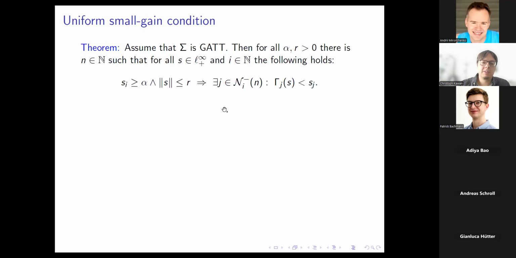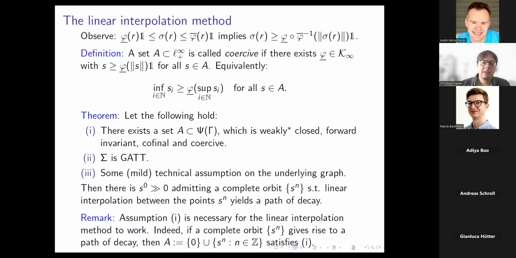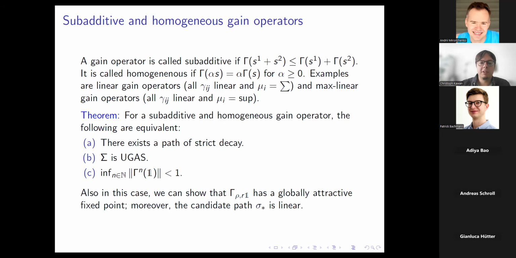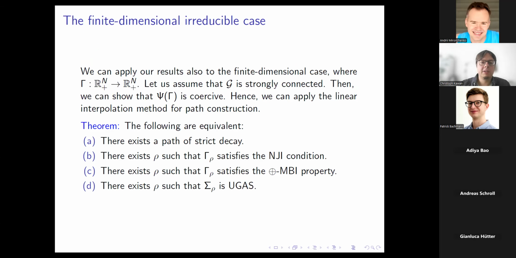So in this theorem, actually, we can take A to be equal to the whole decay set, and it will have all these properties, which is very special. I think it will only hold in this particular case. And then we can apply the second method of path construction, the linear interpolation method.